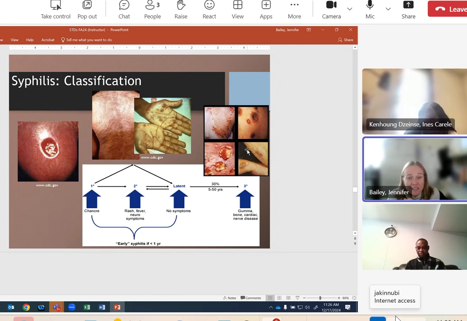Tertiary is when the bug starts to get into our organs. So it causes more complex disease either on the skin or in the body. And then we also have neurosyphilis, which is when it gets into the CSF or CNS.